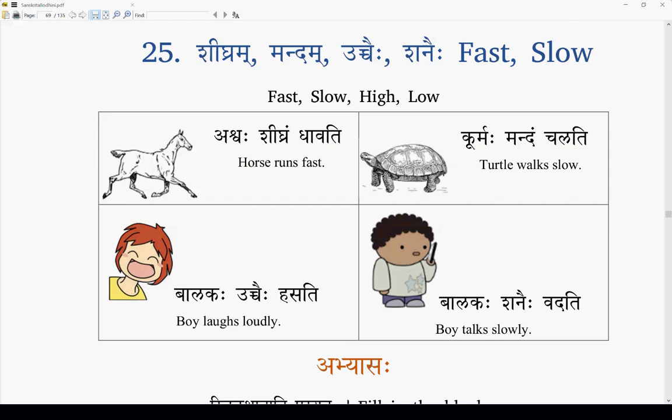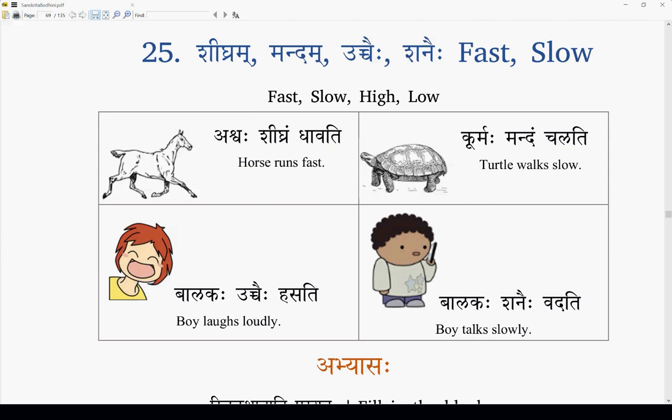Even in English, the adverb remains the same. They are running fast, or horse is running fast, or horses are running fast. But fast doesn't change. Similarly, here also the adverb remains the same, whatever the Namapadam and even the Vachanam of the Kriyapadam could be.